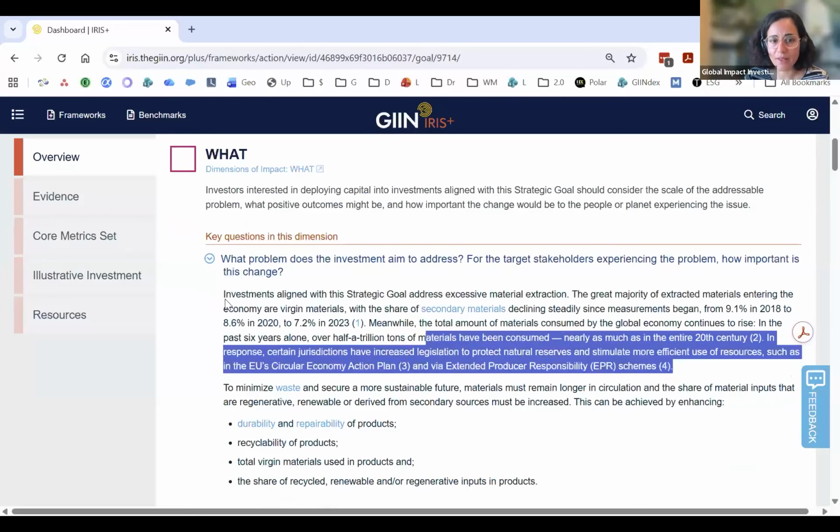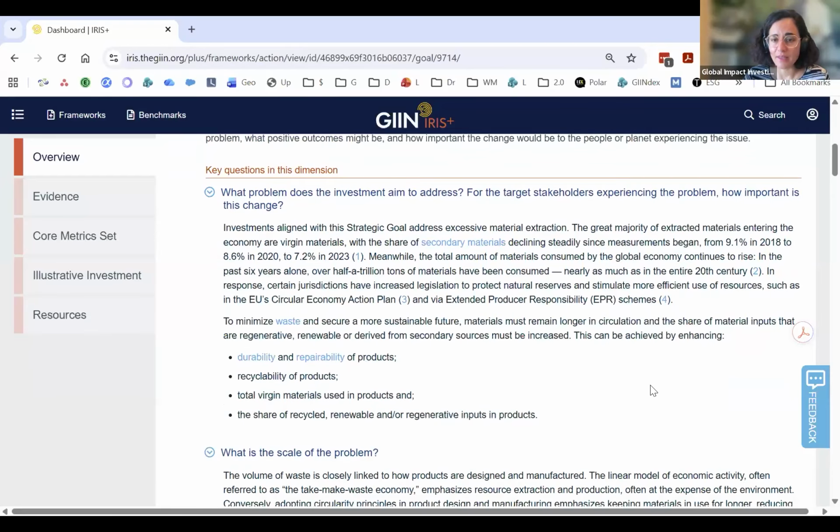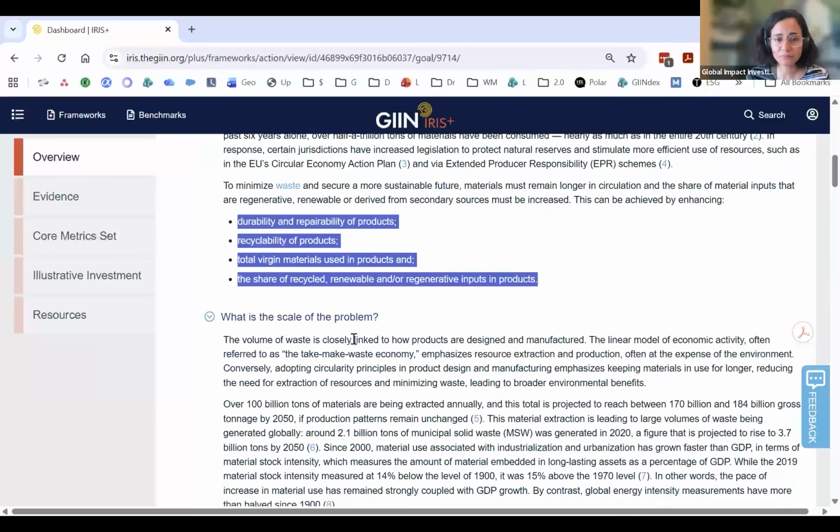You see here, for example, taking this paragraph, potentially one of the most important in this area. The problem is that there is a huge amount of virgin material extraction, and this continues to rise. This is in the context of natural reserves and the ability of the environment to reproduce itself. This is excessive. And how are we able to approach this problem?